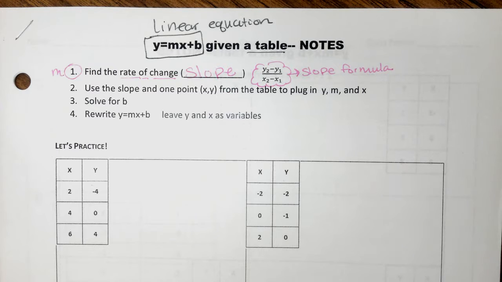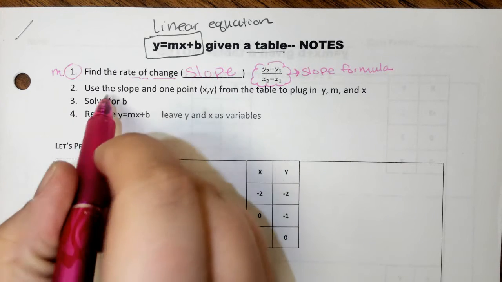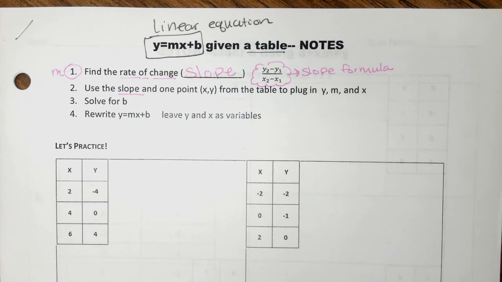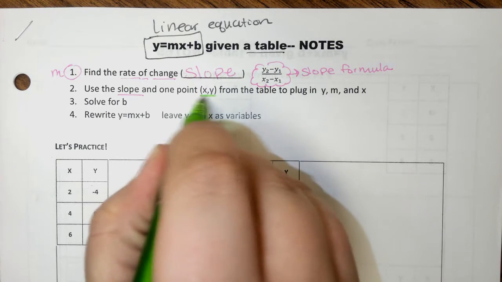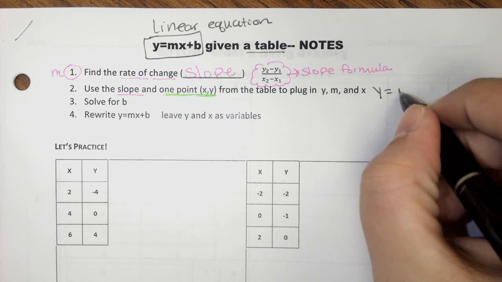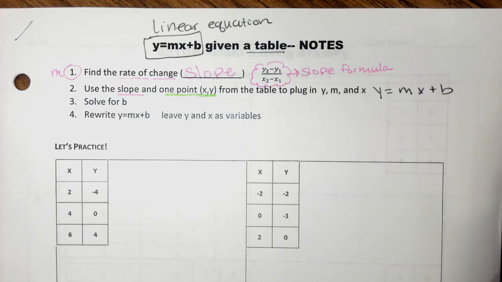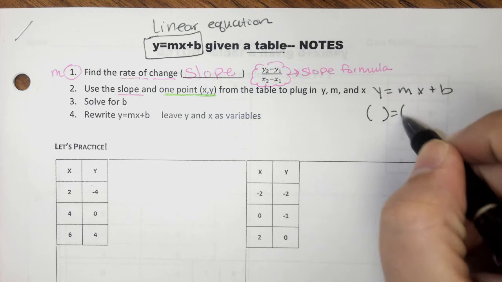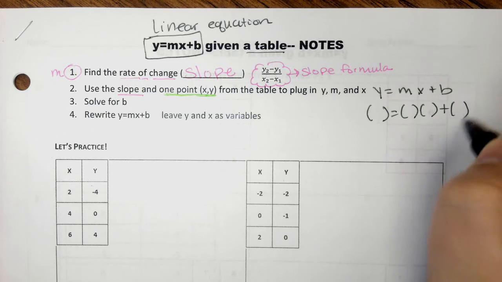After we find the slope, you're going to use that slope, and you're going to use 1 point from the table, so an ordered pair x comma y, to plug in y, m, and x in the linear equation y equals mx plus b. And remember, this is the equation that we replace with bubbles, like that.